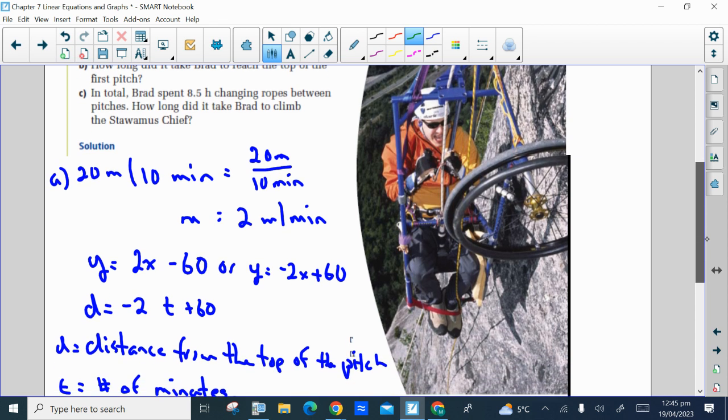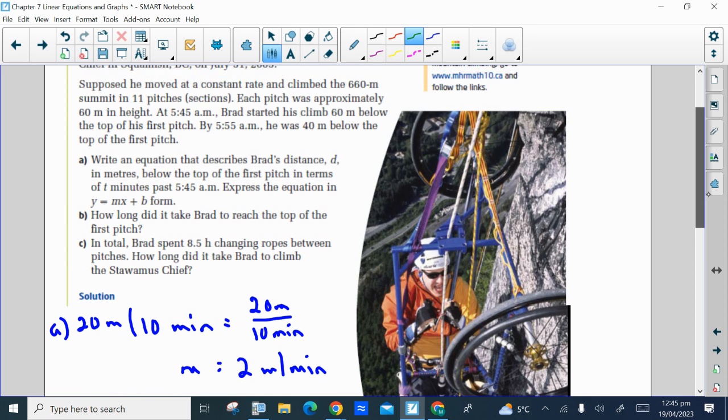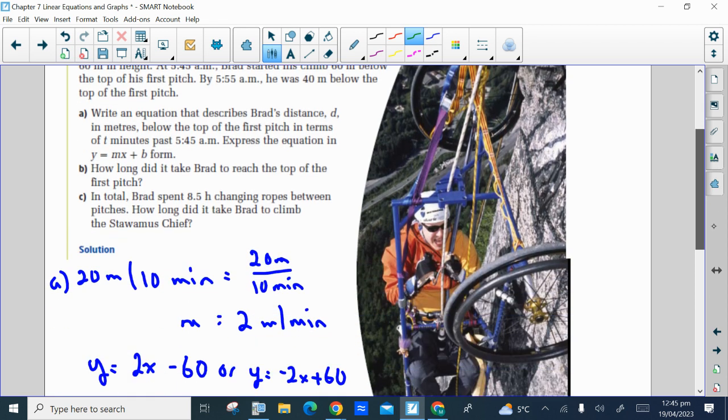Part C, in total, he spent 8.5 hours changing the ropes between pitches. How long would it take Brad to climb the entire rock face? So there are 11 pitches or 11 sections.